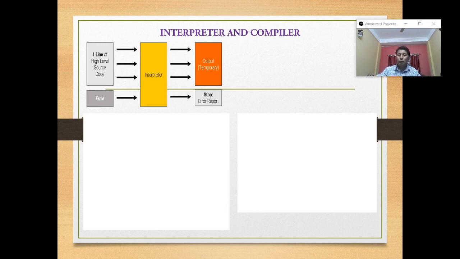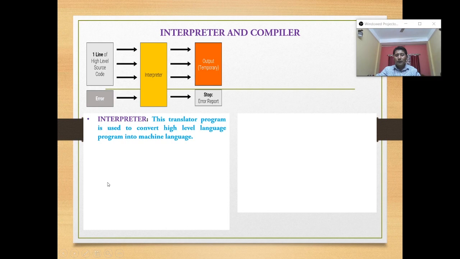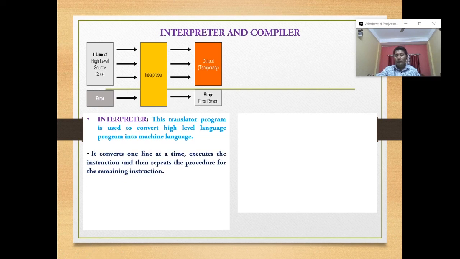Now let us see the difference between an interpreter and a compiler. The interpreter, as I have already said, translates the program, converting high level language into machine code. It converts only one line of a program at a time and executes the instruction if there is no error.